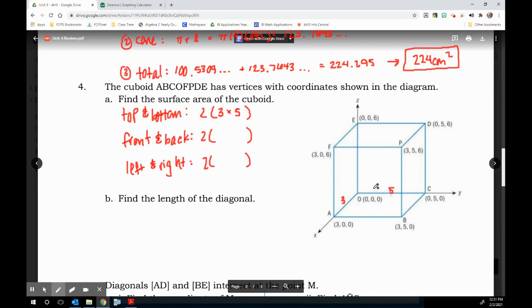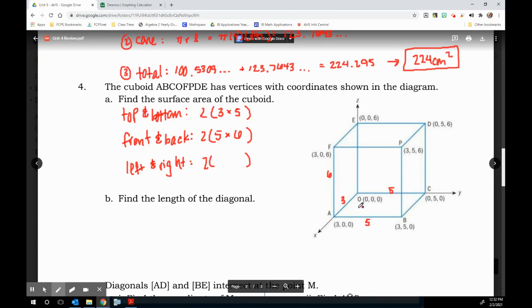Front has, again, the same length as the Y value that we just talked about. So this front piece has a length of 5. It also has a height of whatever the Z value is. So if I go up along A to F, that Z value is 6. So the height is 6. So I'm looking at 5 times 6 for my front and back pieces.